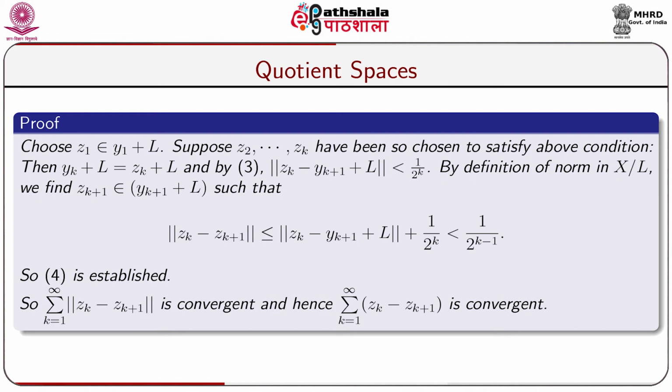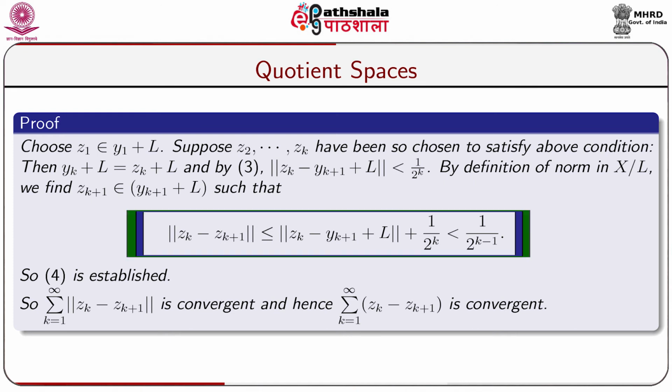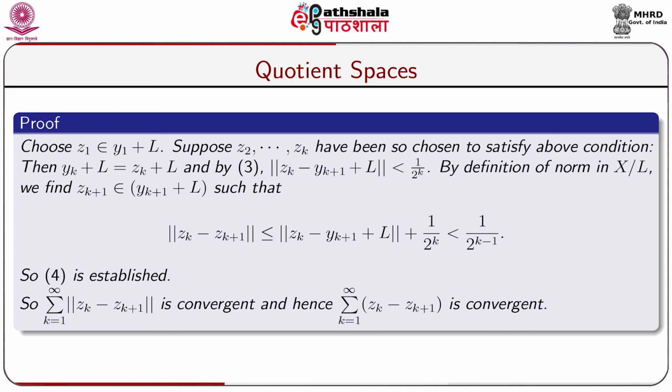By definition of norm in X/L, we can find zk+1 belongs to yk+1 + L such that the norm of zk − zk+1 is less or equal to the norm of zk − (yk+1 + L) plus 1/2^k. This follows from the infimum property of the norm in X/L.